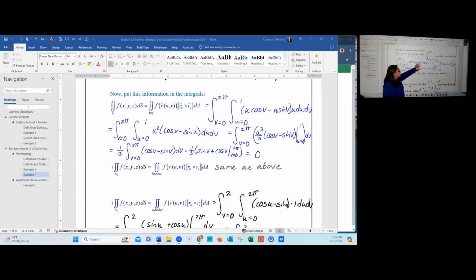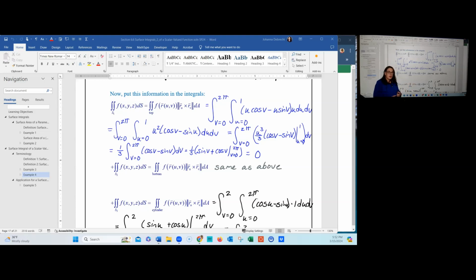For our first surface, the top of this cylinder, we have the function u cosine v minus u sine v, then multiplied by u, which was the magnitude of the normal vector. The u cosine v replaced x, u sine v replaced y. We're integrating from u equal 0 to 1 and v from 0 to 2 pi.